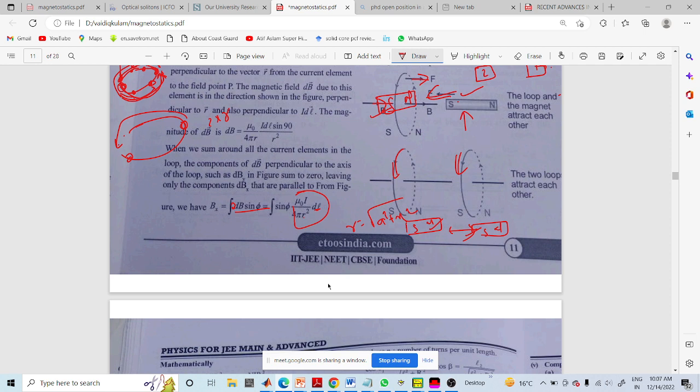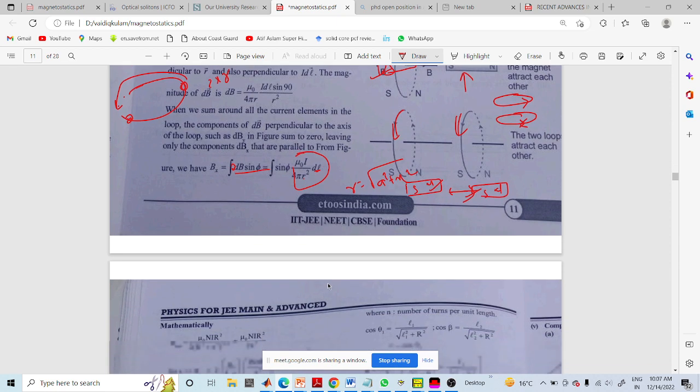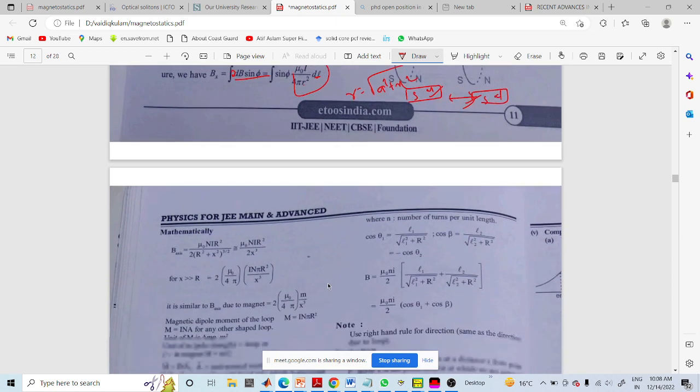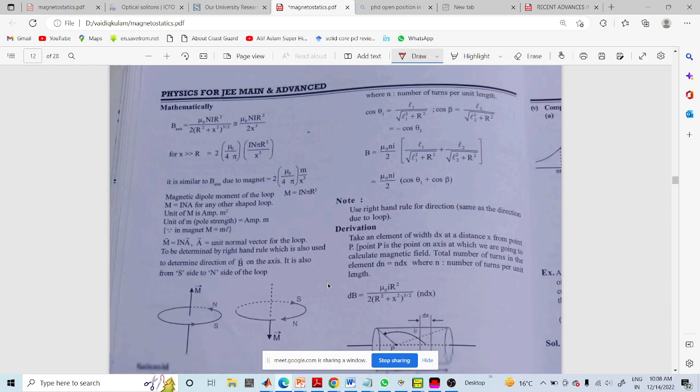The thing is very clear: if we have two loops, they will attract each other if they carry currents in the same direction, and if the direction becomes opposite, then they will repel instead of attraction, right?